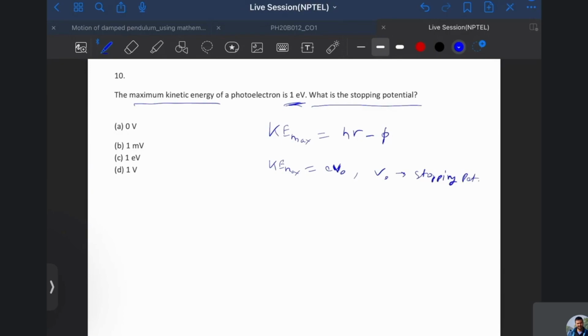So this is given, 1 electron volt is KE max, and this is eV naught. So that means V is just 1 volt, right? The stopping potential. It's a simple problem.